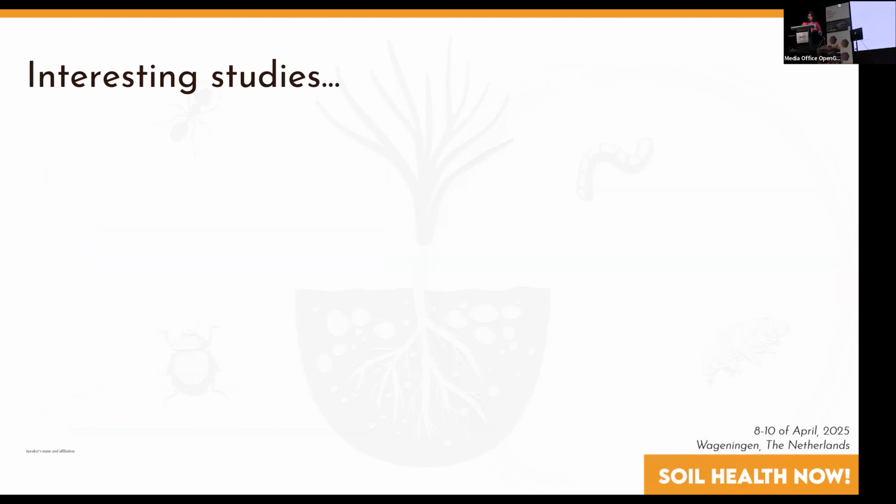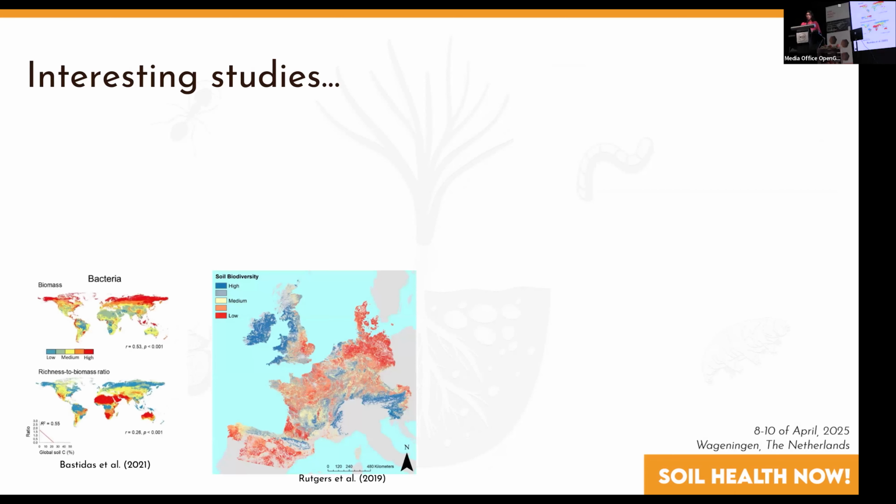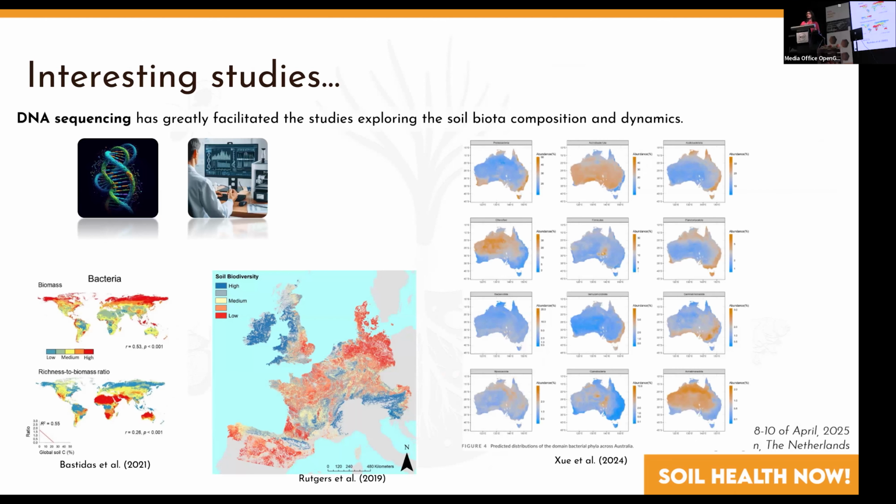Some interesting studies from the mapping perspective. We can see some few examples where people previously tried to map different representations of soil microbial diversity across different study areas. But definitely the most interesting part now is that DNA sequencing has greatly facilitated the studies exploring the soil biota, its composition and also its dynamics.